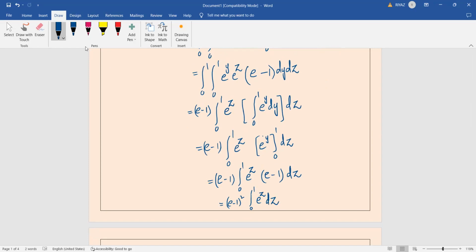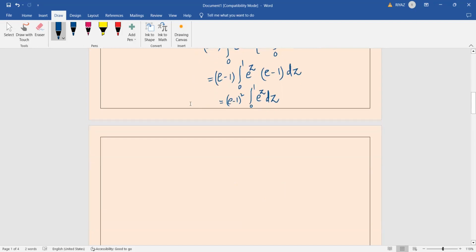The next step: e power z integration is once again e power z only, right? e minus 1 whole square, e power z integration is e power z only, and the limits are 0 to 1, and then dz. Once again the same story, upper limit minus lower limit: e minus 1 whole square into upper limit e, and lower limit 1, since e power 0 is 1. Together, the final answer of this question is e minus 1 whole cube. That's the end of this problem.